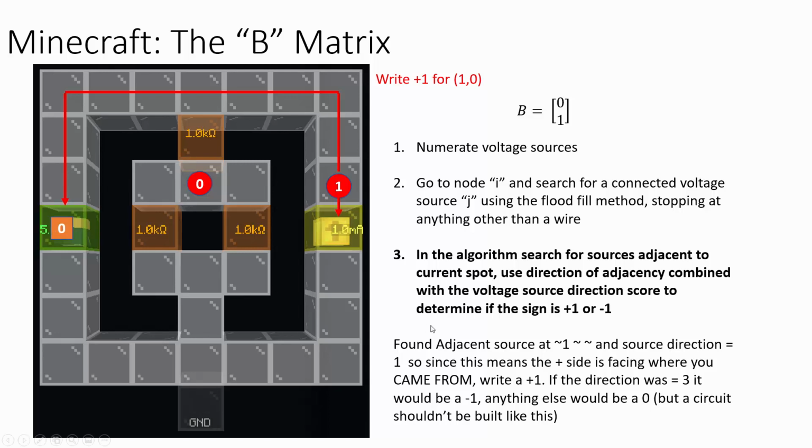You can work this out based off of where you came from versus what the scoreboard value is, and figure out whether to put a +1, a 0, or a -1. In this case, it's a +1 because the circuit direction was, say, 3, and we came from +1. So I found 1 going into it, but then 3 is set up for -1 in the x direction, and it connects.